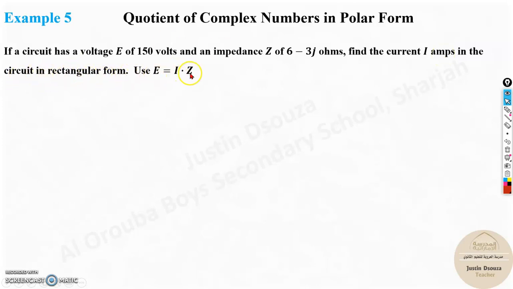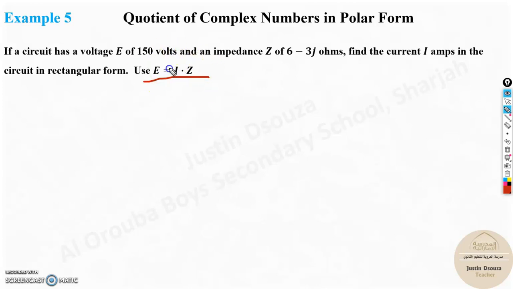Use E equals I times Z. They have told us the voltage is given; current times resistance is the voltage. The formula is given. What do we have to find over here? They have told us to find the current. What is the other way to find current? Voltage is the current flow multiplied by the resistance.